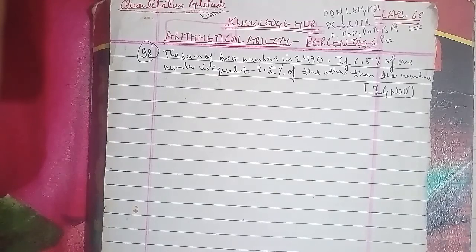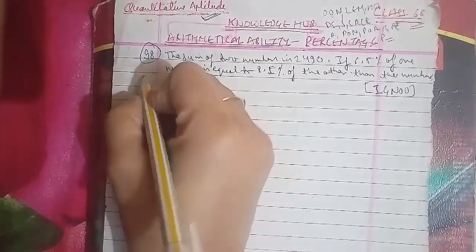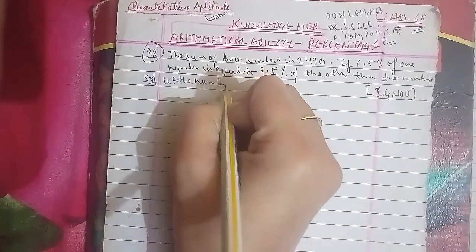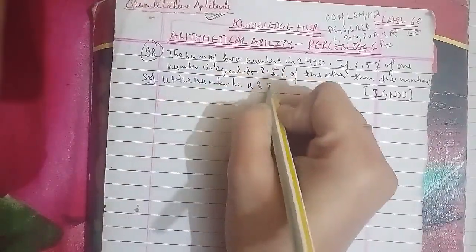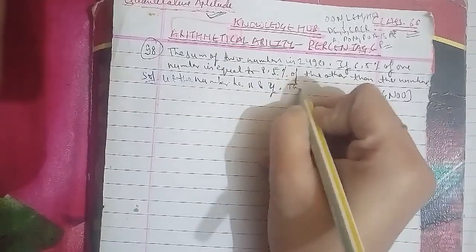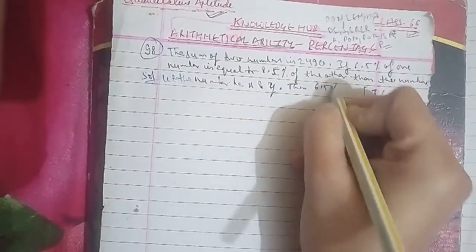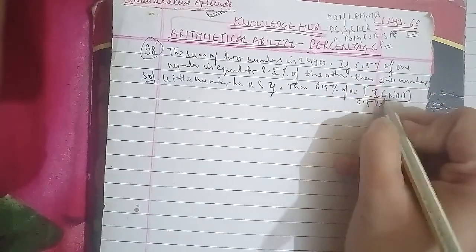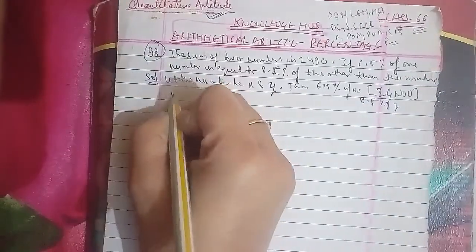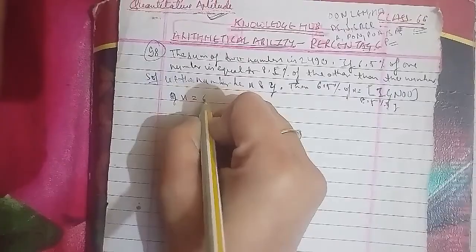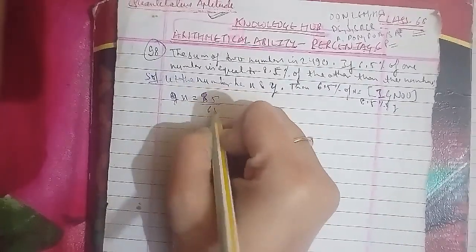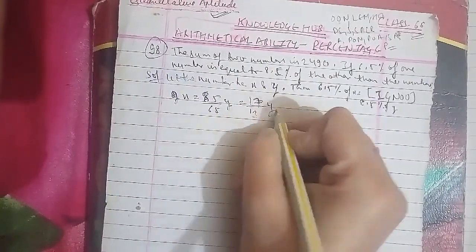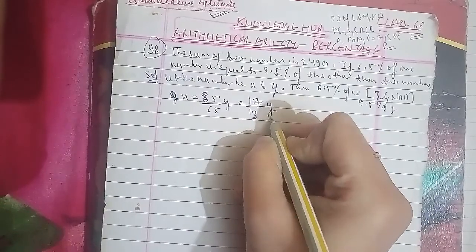So the solution is as follows. Let the numbers be x and y. Then 6.5% of x is equal to 8.5% of y, so x equals 85 upon 65 y, which is equal to 17 upon 13 y.